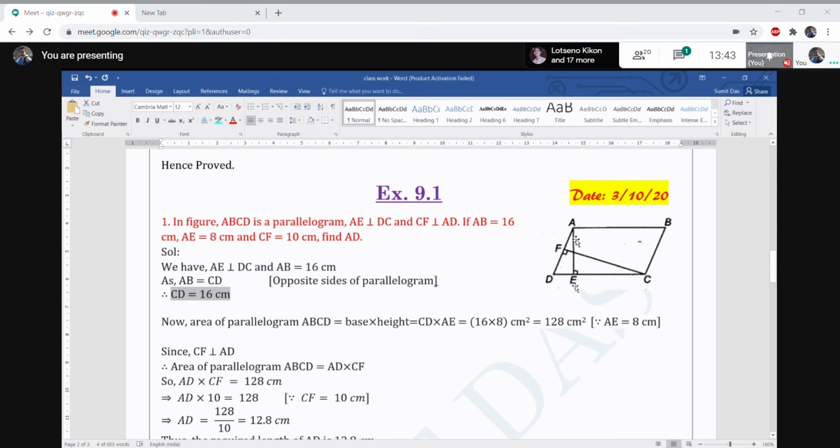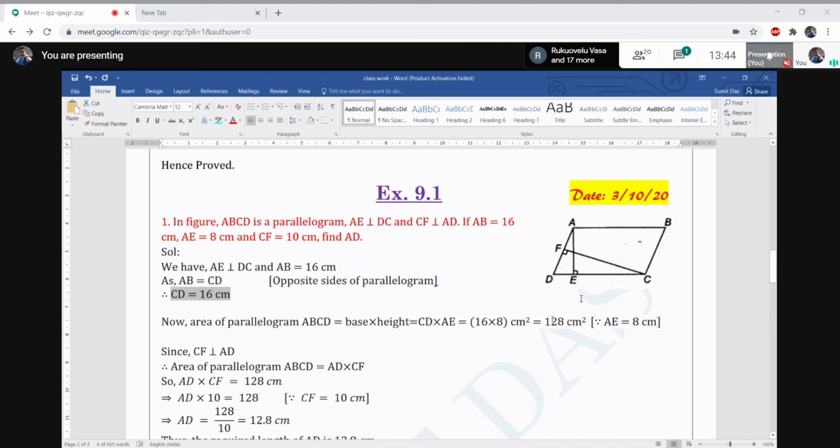You can't take CD and CF together. You have to take the base, and height means the length between the parallel lines. When you take CD, the distance between the parallel lines is AE. So when CD is the base, height is AE. When AD is the base, height would be CF. So now concentrate on CD and AE.